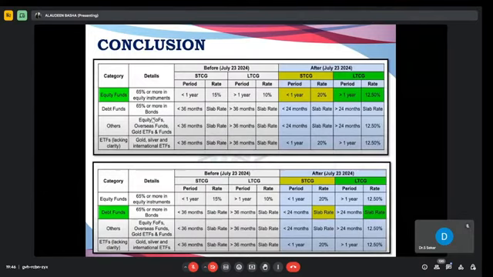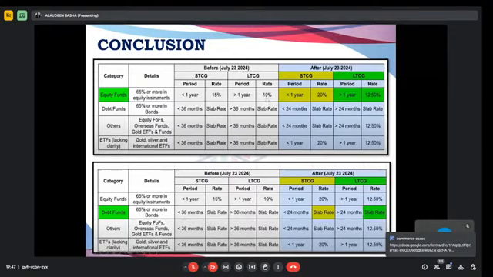Now, the conclusion of this income tax exemption and income tax slab as per 2024. In equity funds, 65% and more in equity instruments is called an equity fund. Short-term capital gain, for less than 1 year, was 15% before 23 July.